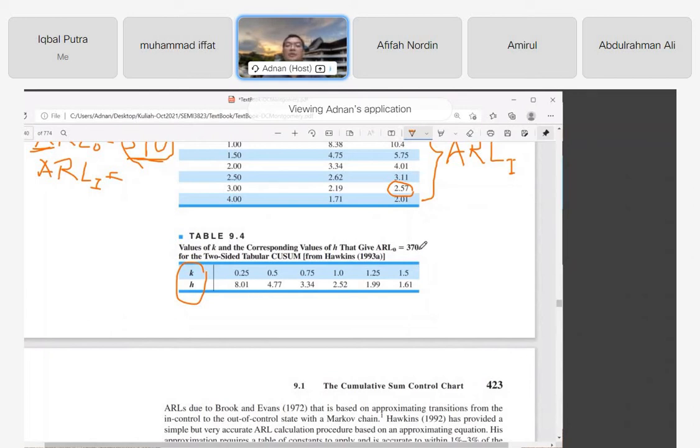If you want to target performance as good as the Shewhart control chart, which is ARL0 of 370, it's suggested if you want to use K equals 0.25, use H at 8.01. If you are interested to detect 0.5, you can use 4.77. This is what is recommended. If you are interested to detect a shift of 1, you can use 2.52. So the combinations are already done in his study, so we just select which value to choose.